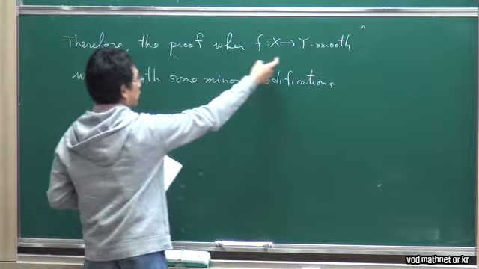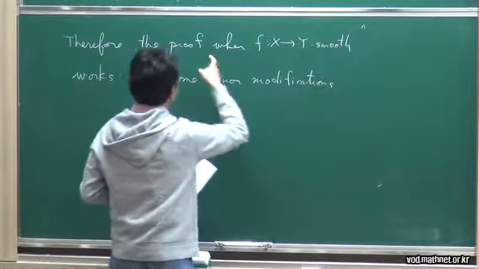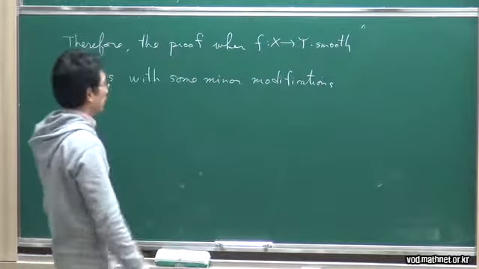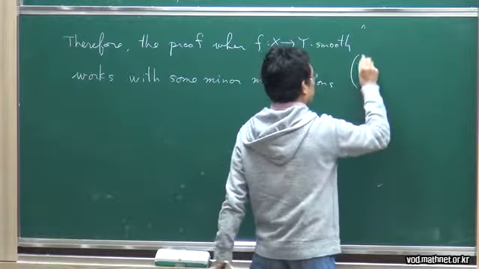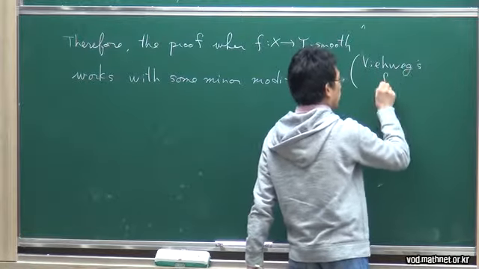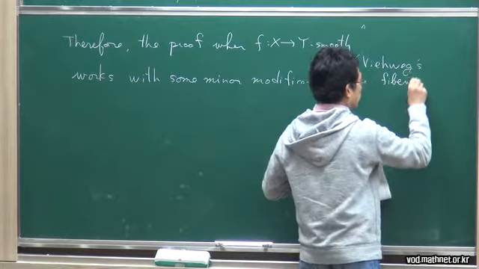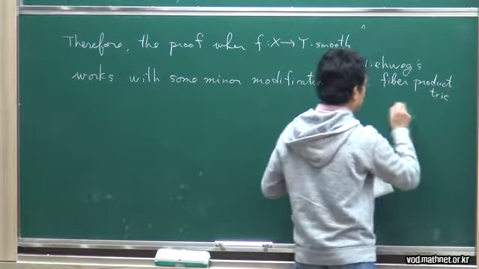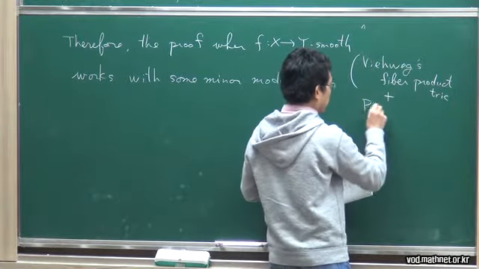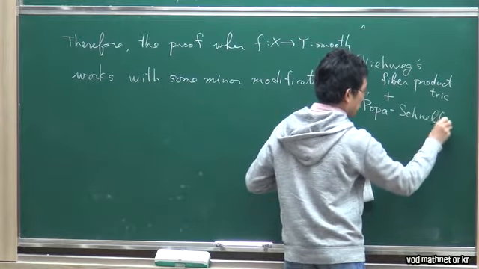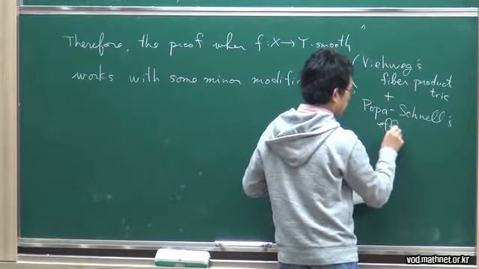The proof when this morphism is smooth, I explained in the last lecture. Phi, Beck's fiber product trick and Popper and Schnell's effective freeness.